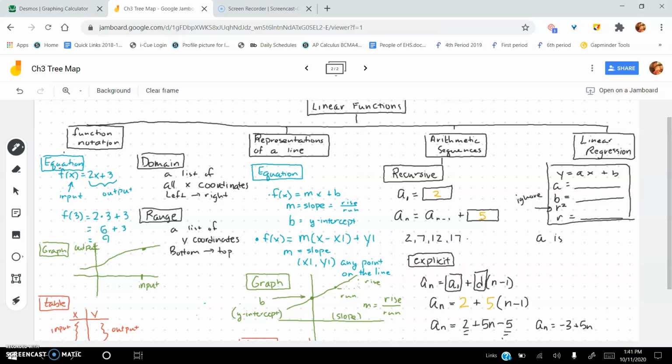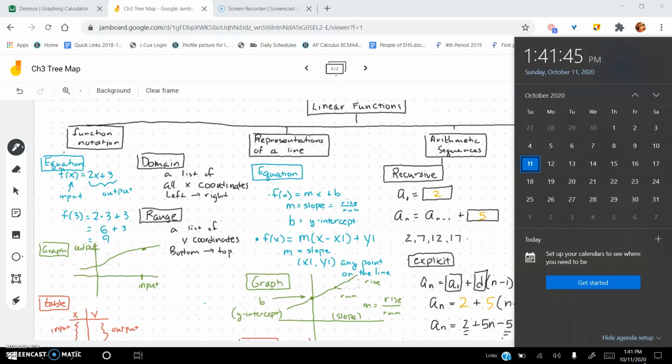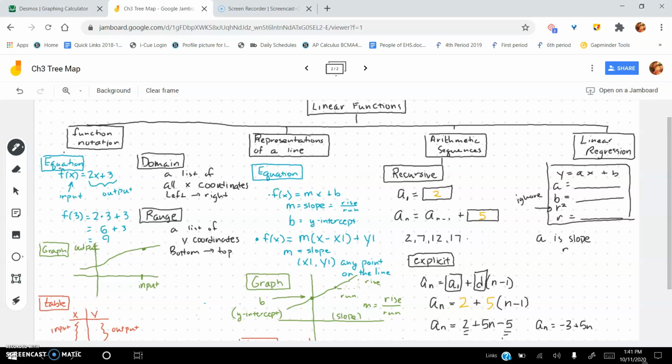A is the slope, which is the amount that your value is changing. It's the rate of change. And then b is the initial amount, or the y-intercept, but in a word problem, it would be the initial amount, or starting amount.